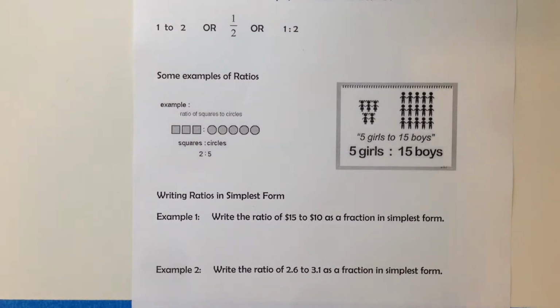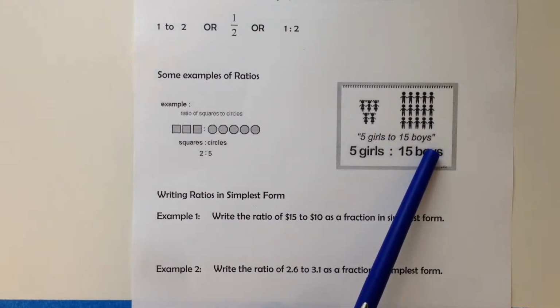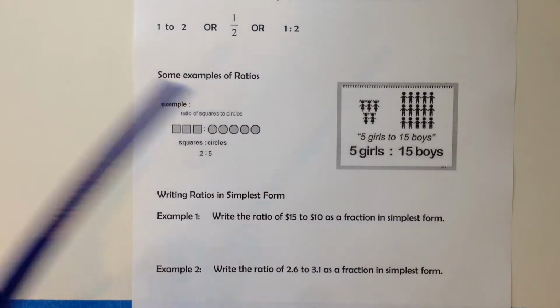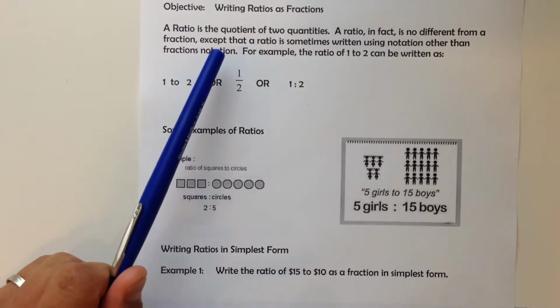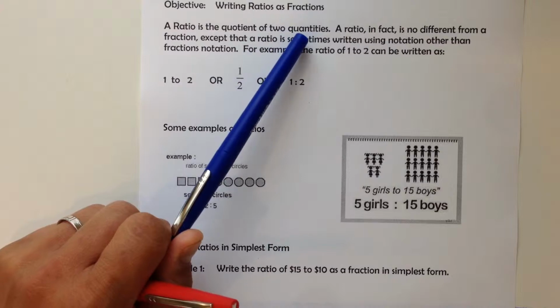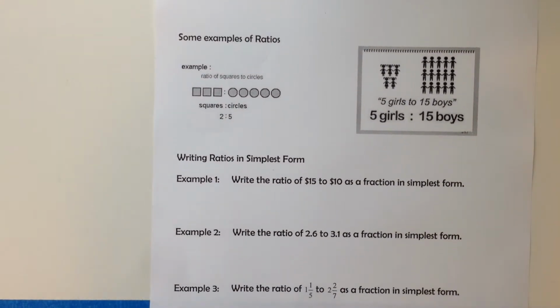Say in a classroom of 20 people, there are 5 girls and 15 boys. The ratio would be 5 girls to 15 boys. Remember that a ratio is a fraction, a quotient, of two quantities. Alright? And that's pretty much what a ratio is.